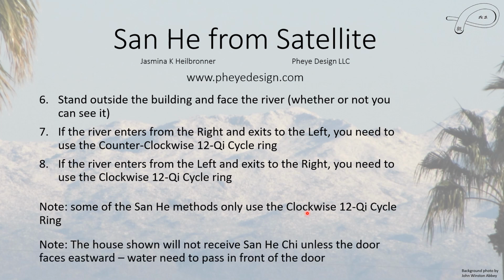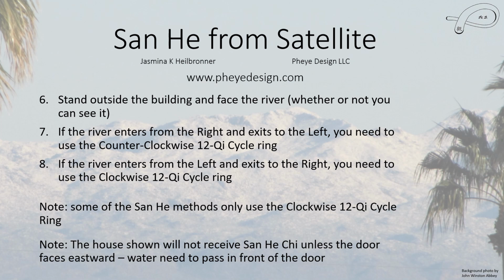The other thing is, this particular house will not receive San He Chi, at least the stuff that is in chapters 2 and 3 of the Water Everywhere book, unless the door happens to face eastward. And that's basically because water needs to pass in front of that main door for you to receive San He Chi.